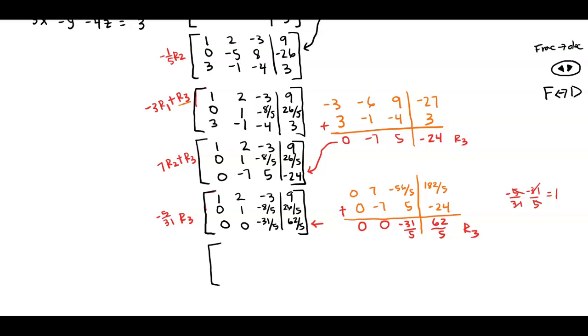So let me kind of do this. And then I get 0, 0, 1, and now I need to take my 62 over 5, and like I said, a lot of your calculators will do this, times that negative 5 over 31.